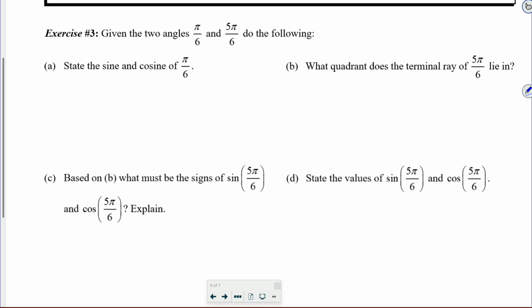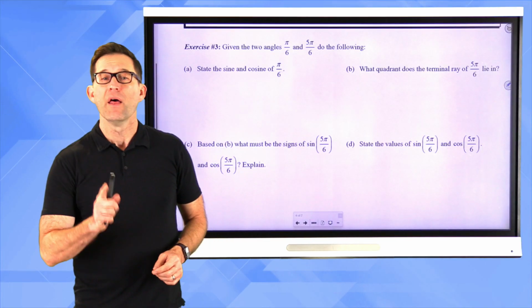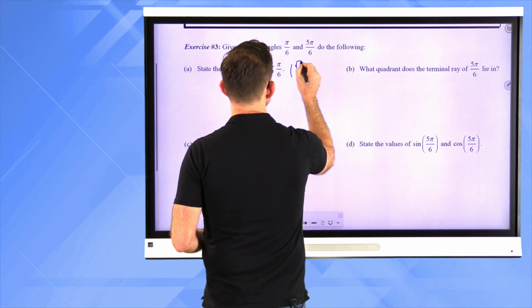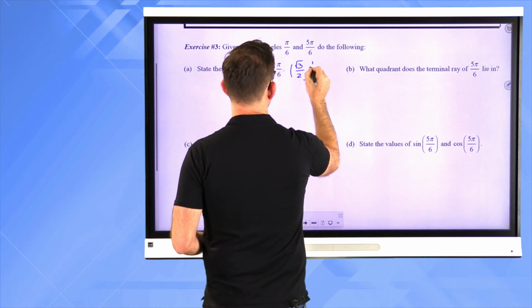Given two angles, pi over 6 and 5 pi over 6, do the following. Letter A. State the sine and cosine of pi over 6. Well, keep in mind, the coordinate pair at pi over 6 was root 3 over 2, comma 1/2.